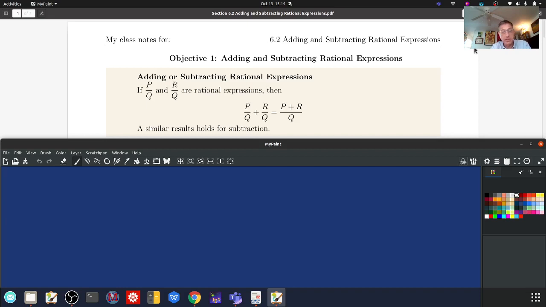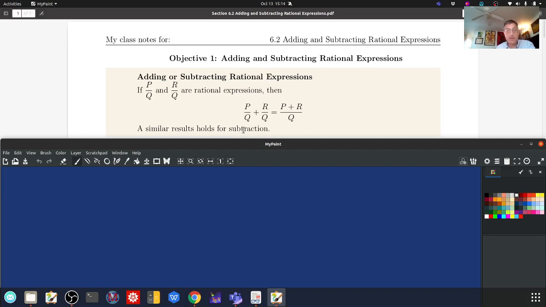So here is really the game right here. If P divided by Q and R divided by Q are rational expressions, then we can add them by simply adding the numerators and placing them over Q, which is our common denominator.